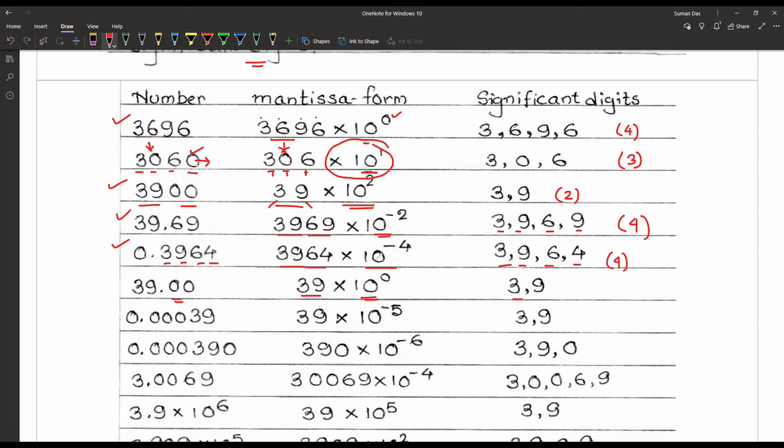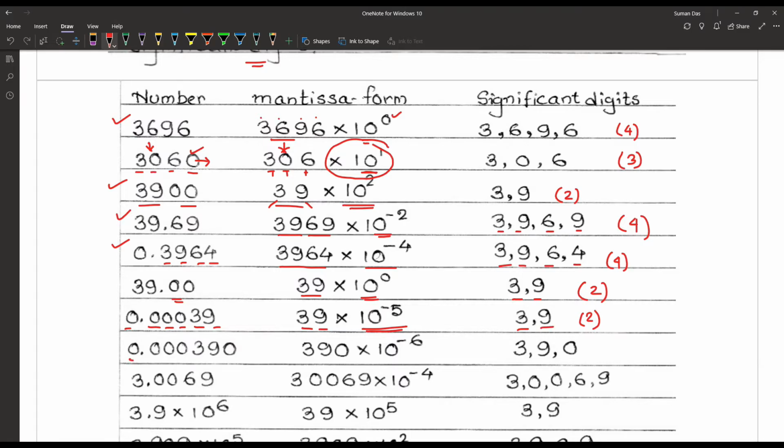So 3 and 9, those are the significant digits. Next one, 0.00039, that can be written in the form of Mantissa 39 into 10 to the power minus 5. So the significant digits are 3 and 9.